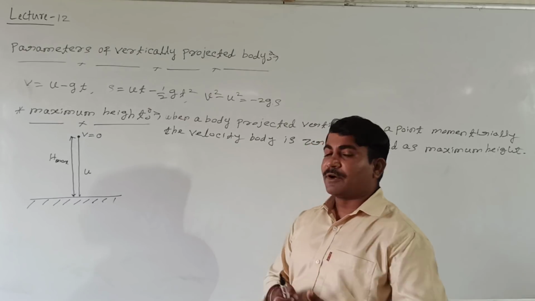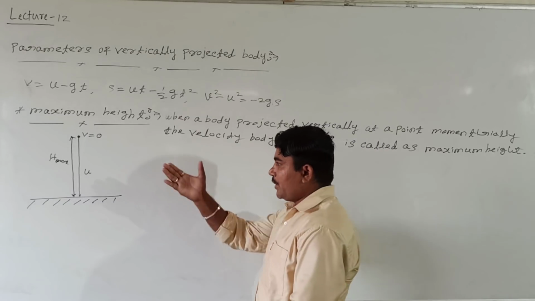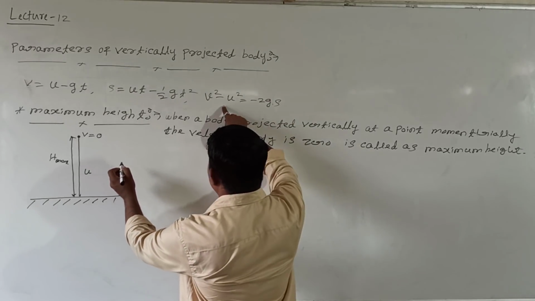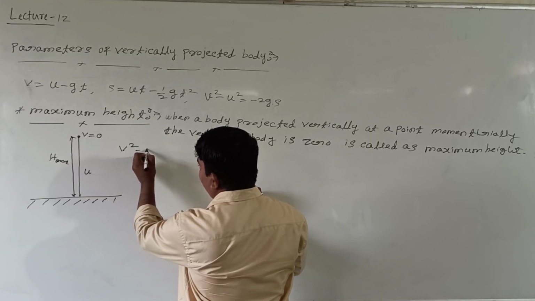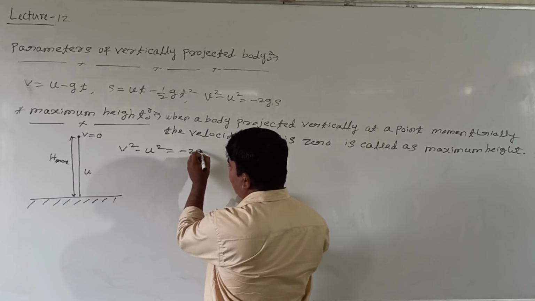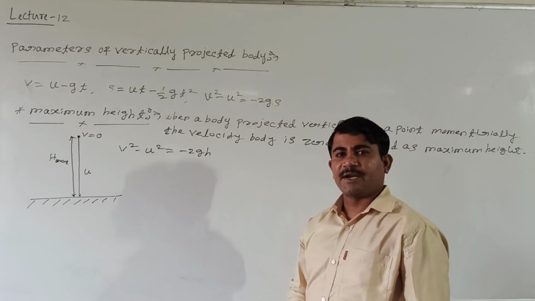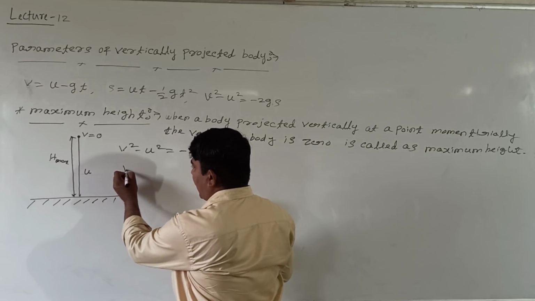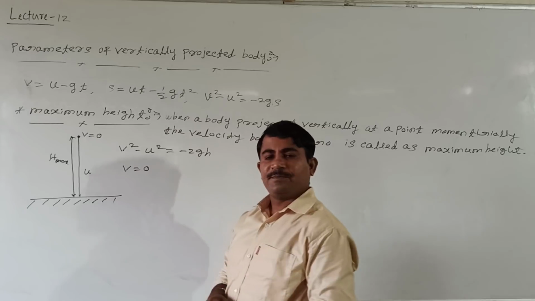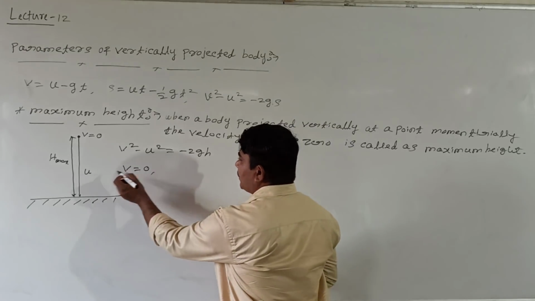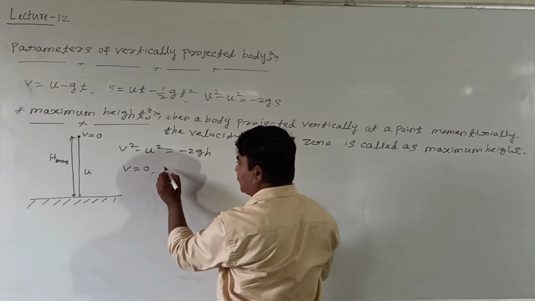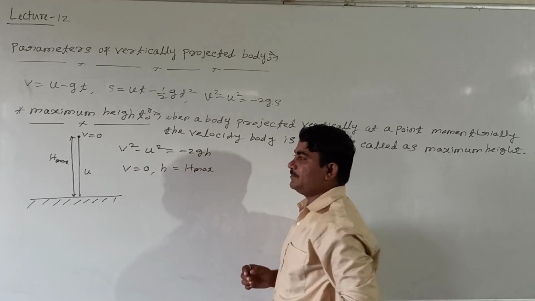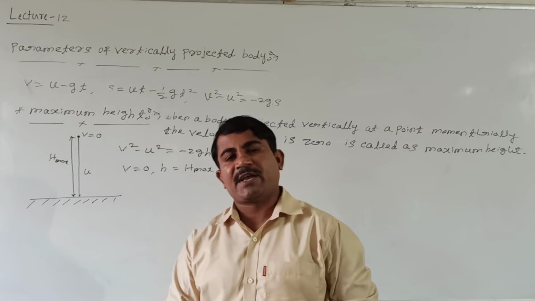See here how to calculate the maximum height. We know the equations of motion for a vertically projected body. This equation: v square minus u square is equal to minus 2gh. But at the maximum height, at this point, the final velocity of the body is zero. This height means nothing but this distance, so h can be replaced by h maximum.